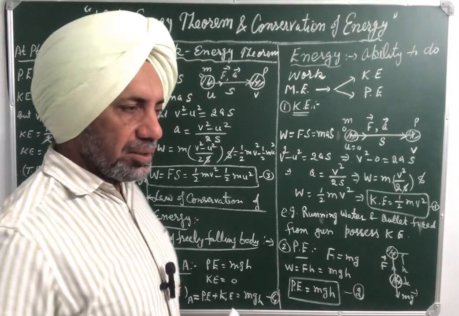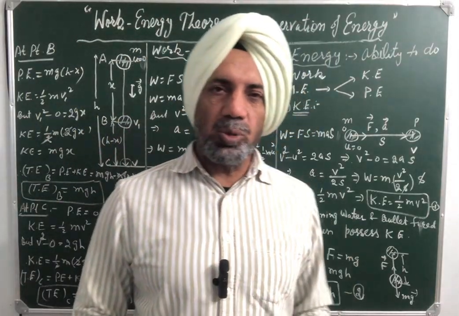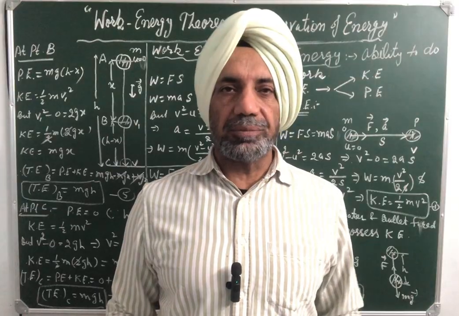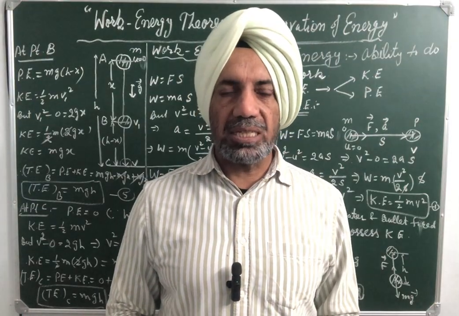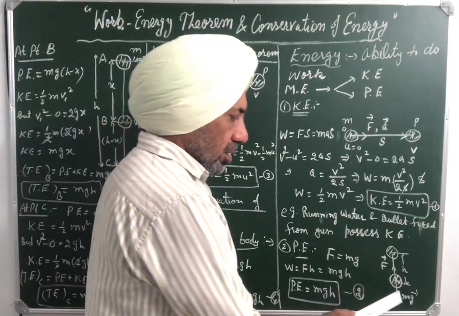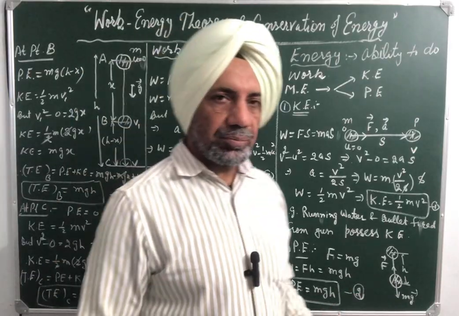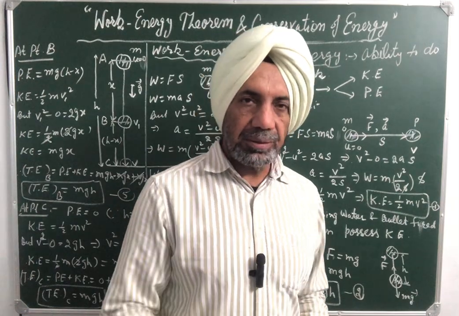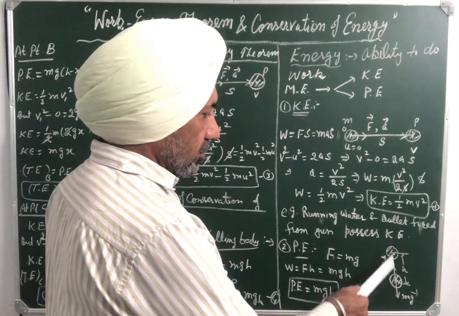Then potential energy. The energy possessed by a body due to its position, configuration is called potential energy. Now suppose we have a body of mass m and we have to lift it from ground through height h.